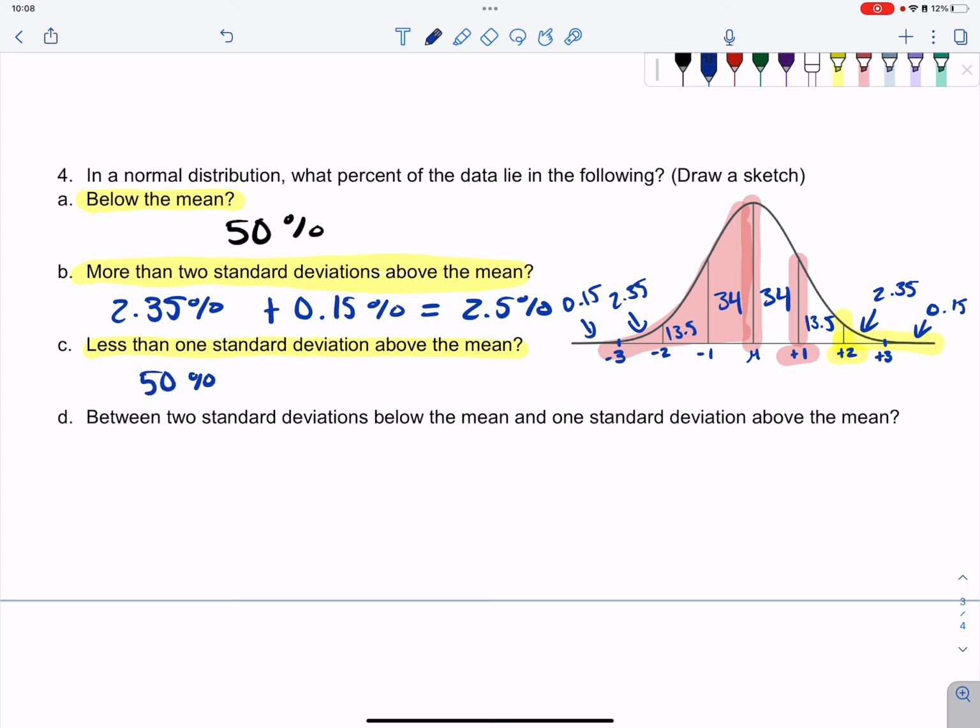And now we just need to bring in that additional 34% in that middle region between the mean and the +1 to give us 84% is less than 1 standard deviation above the mean.